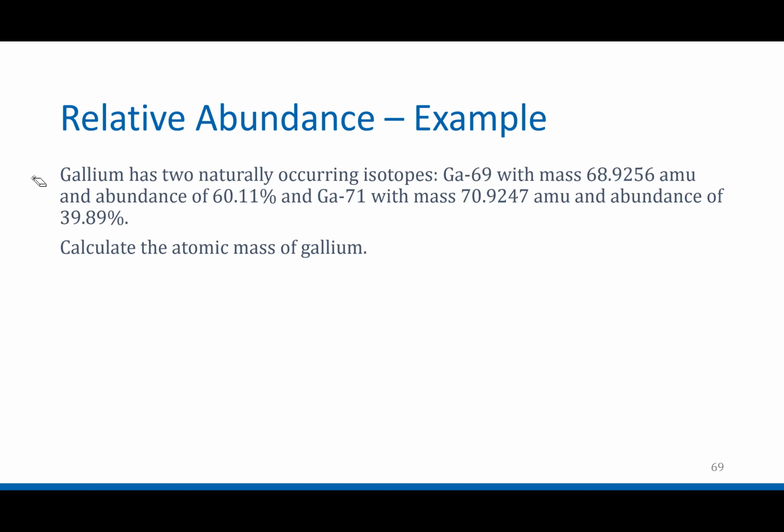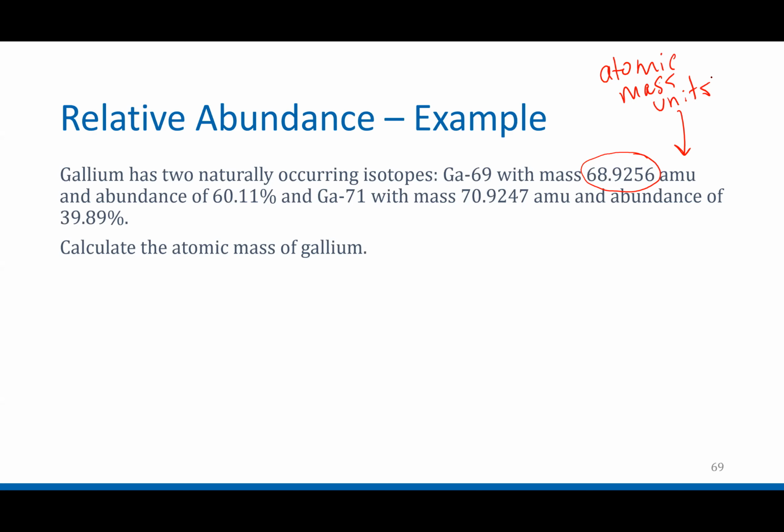Gallium, so next slide, first example. Gallium has two naturally occurring isotopes. Okay, so there's gallium-69 that has a mass of 68.9256. Now the units we typically use are AMU. These are atomic mass units.